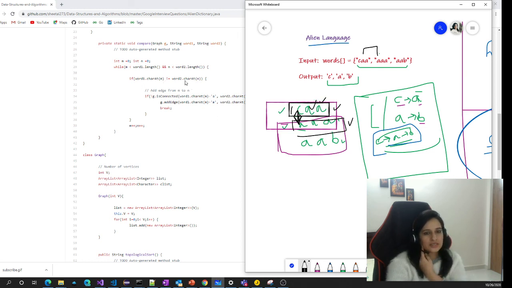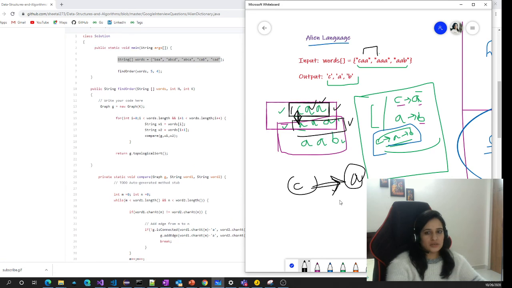If a character is not the same, and there is no edge already, for example C and A not connected, it adds this edge. That's what this is doing.